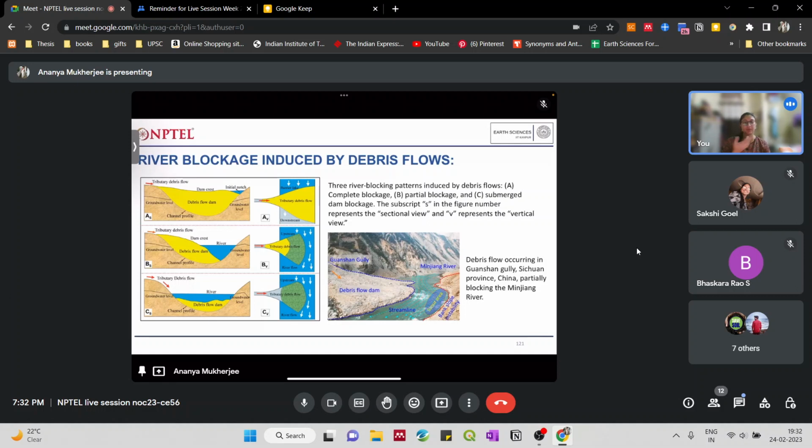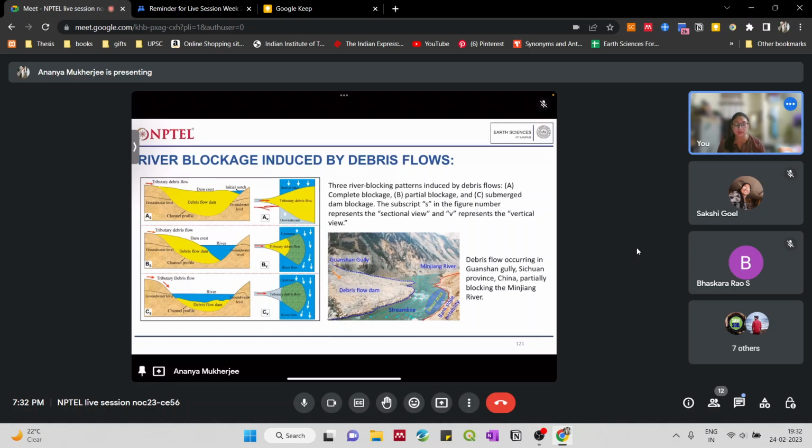What is debris flow? Suppose the amount of bed load has increased. Over here you can see the river that is flowing, and there is debris flowing into a lake maybe.